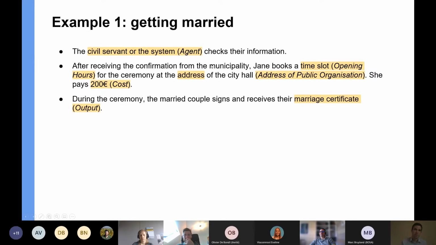After receiving the confirmation, Jane books a time slot for the ceremony, and she also pays the cost of getting married. Depending on the day, the cost may vary. On the day, she goes to the right address, and during the ceremony, as most of you probably know, they sign the certificate, and that's the final output of this procedure.